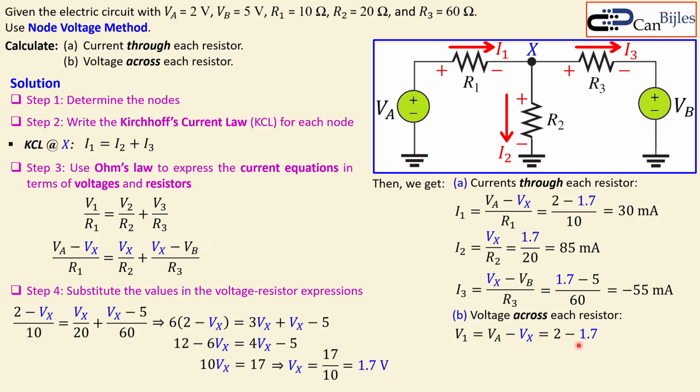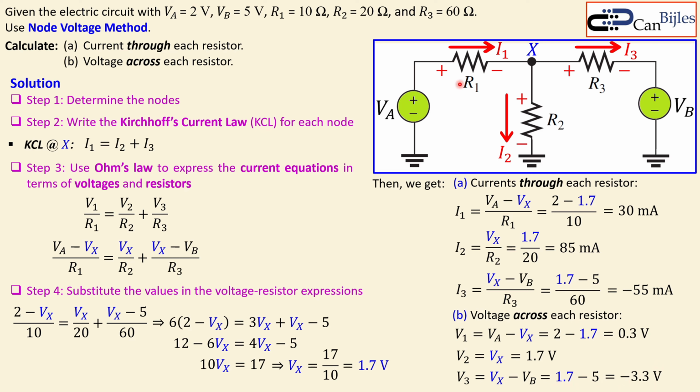So you can also do that. 2 minus 1.7 will be 0.3 volts or 300 millivolts. This is then for V2, that's of course 1.7, and V3 is already given here, and it will be 1.7 minus 5, which is minus 3.3 volts.